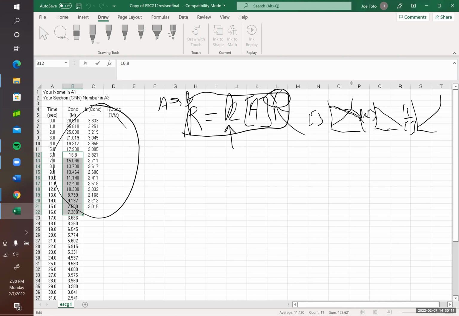Anybody out there? Is that what you found? Can you guys hear me? The first graph is like, yeah, it looks like this. No, it looks like that, but upside down. No, no way. Look at the concentration here. See, the concentration is going down with time, so it's got to go like this.